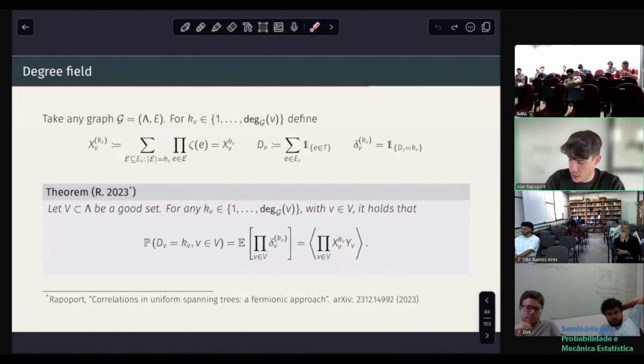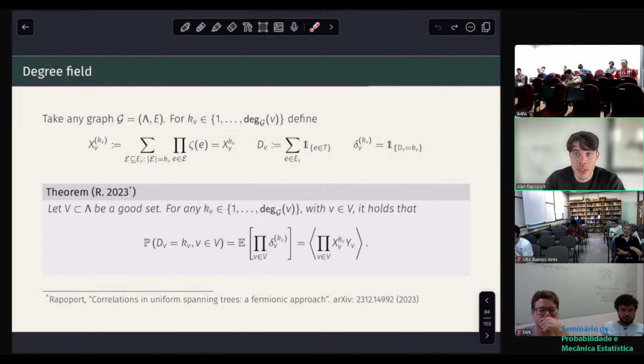And then again, you can go even further. Now I want the expectation of having, basically defining these delta variables over here, what you can actually compute is the PMF, the probability mass function, of having degree K1 in point 1, degree K2 in point 2, degree Kn in point n, in a very general setting.